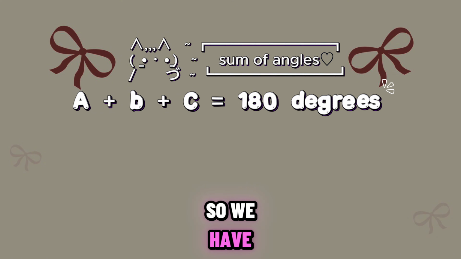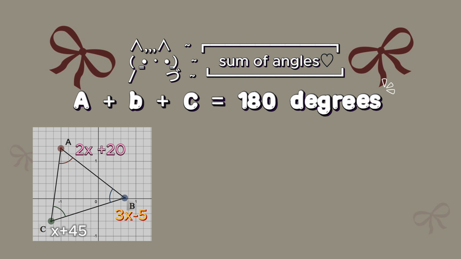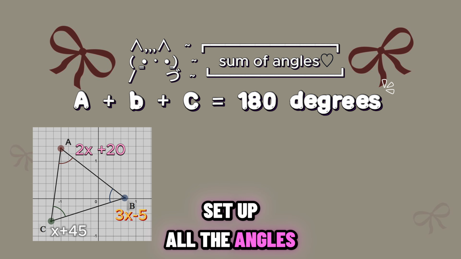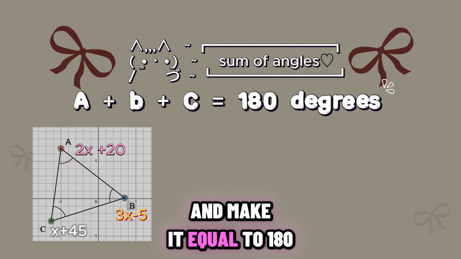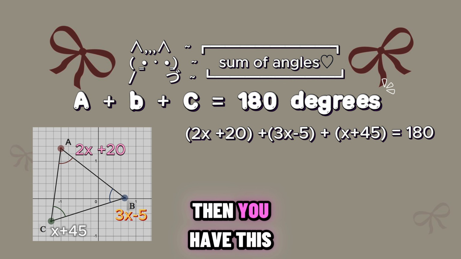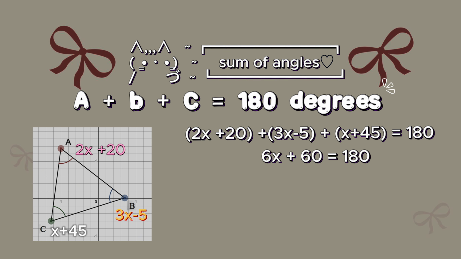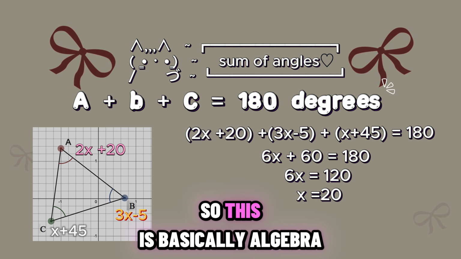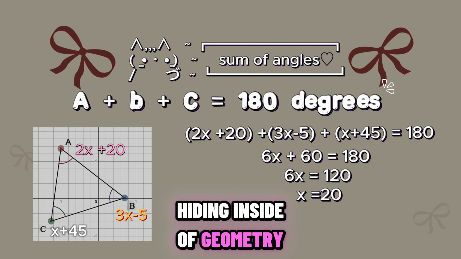So we have, and firstly you have to set up all the angles and make it equal to 180. Then you have this, and now you know that x equals 20 degrees. So this is basically algebra hiding inside of geometry.